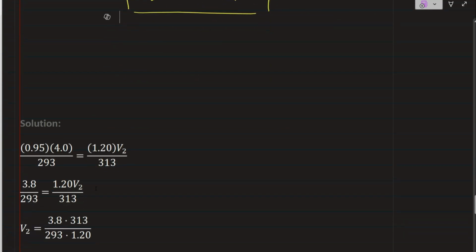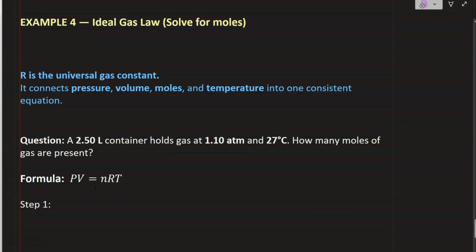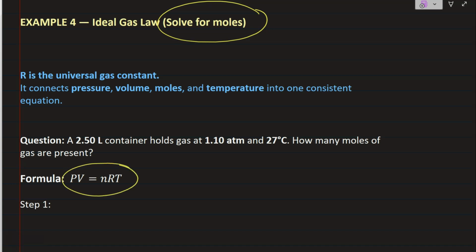We need to do one more example, and that is example 4 right there, the ideal gas law. This one is solving for moles. Now, the formula for it is given by this formula. You know everything in there except R. You even know what n is. n is the number of moles.